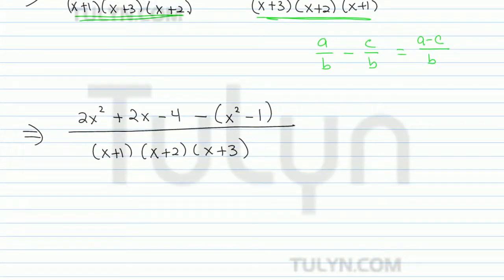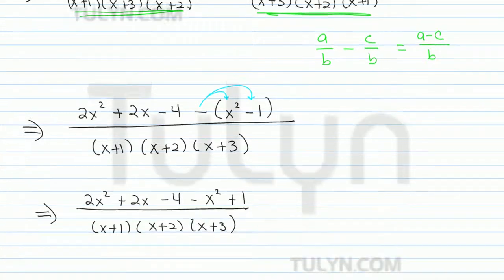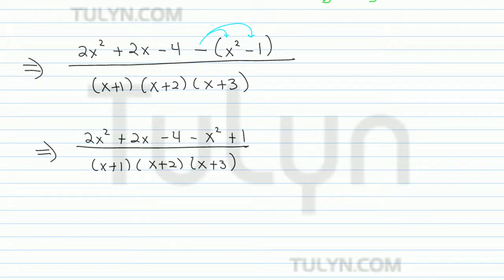So now we're in a position where we can reduce. Let's do what I proposed a little bit before: distribute that negative into that difference. So we get 2x squared plus 2x minus 4 minus x squared plus 1 all over that common denominator. Since we don't have any more parentheses or multiplication or division to take care of in the numerator, we follow our PEMDAS and now add and subtract.